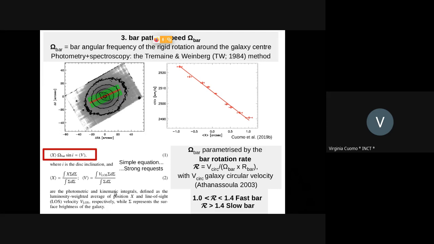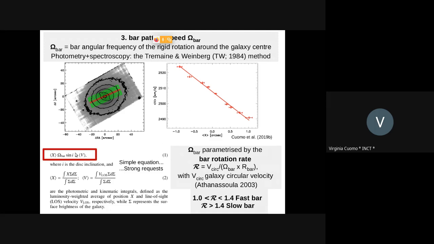These are defined as the luminosity-weighted average position and line-of-sight velocity of the stars, both measured along apertures which need to be located parallel to the disk major axis. If we measure these two quantities in different apertures and plot kinematic versus photometric integrals, we get a linear correlation, and the slope of this line is directly related to the bar pattern speed.